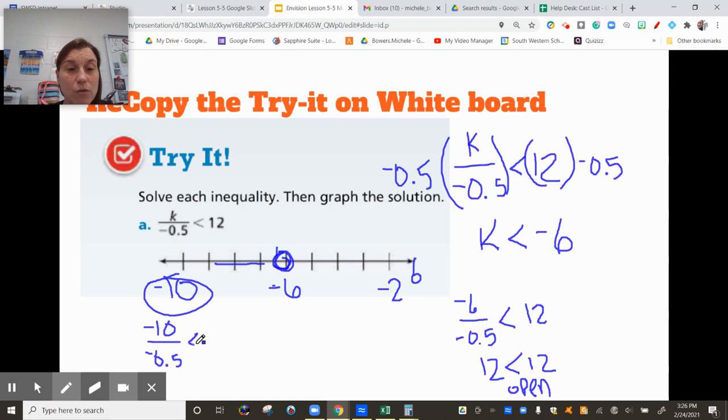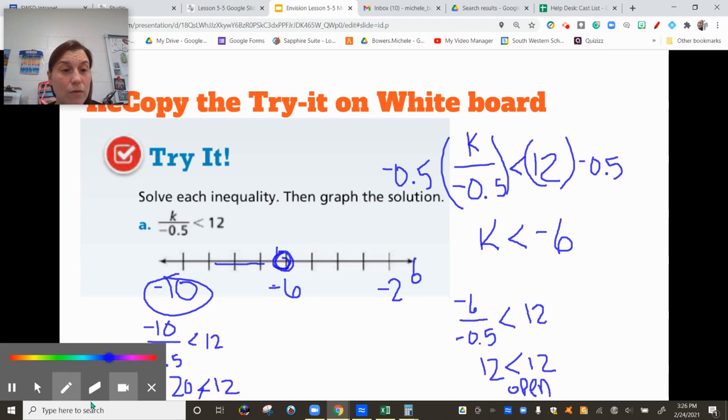Well, is that less than 12? A negative divided by a negative is positive, and 10 divided by 0.5 is 20. Is 20 less than 12? No, 20 is not less than 12. So this is not the direction I should be shading. Then I need to check this side.